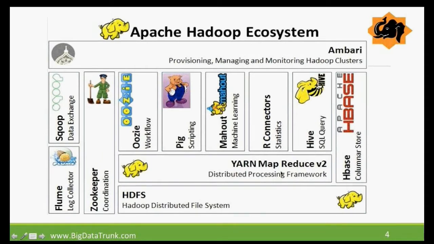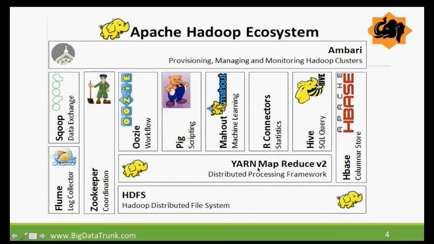Then we have that MapReduce engine, the MapReduce version 2 engine, which has an algorithm to access this distributed set of data and process it across these different nodes. Version 2 is the next version which was brought into MapReduce, and YARN is the name for this resource managing system. YARN stands for Yet Another Resource Negotiator.